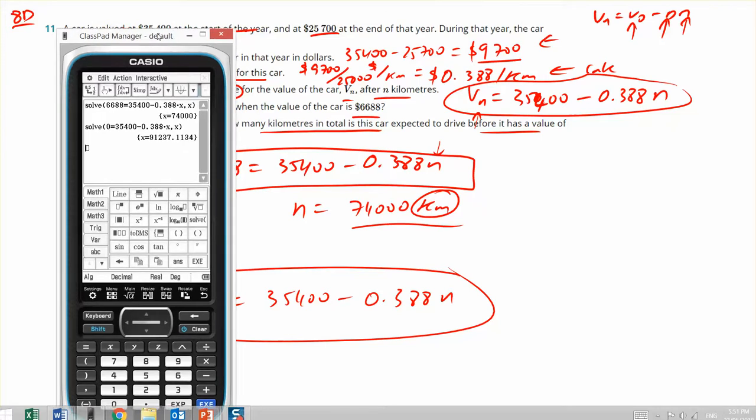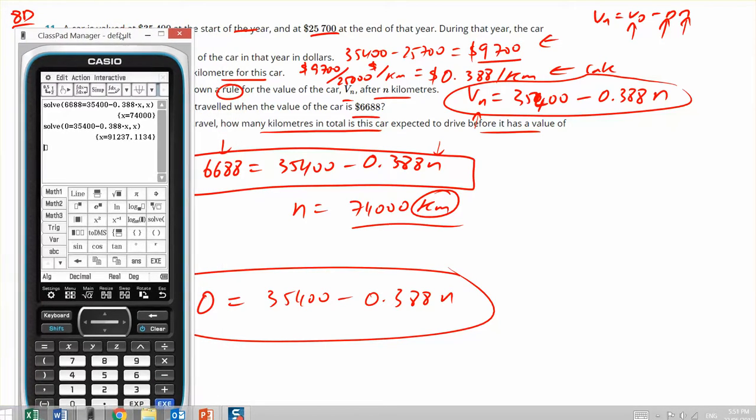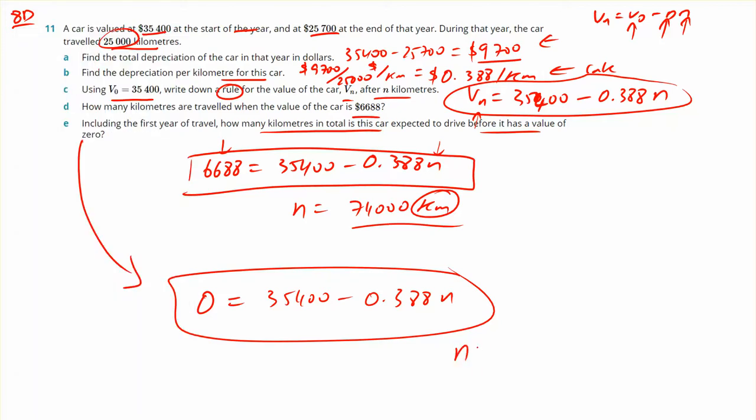It says how many kilometers, it doesn't say how many decimal kilometers. So if it's above a decimal point, you automatically round up one. So it's 91238 kilometers. It takes that long for the value of the car to equal 0.